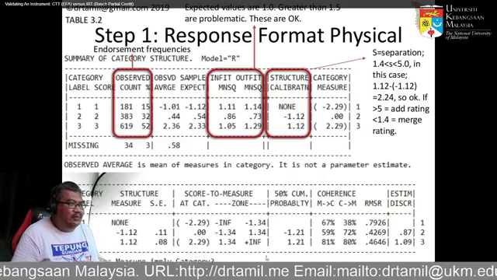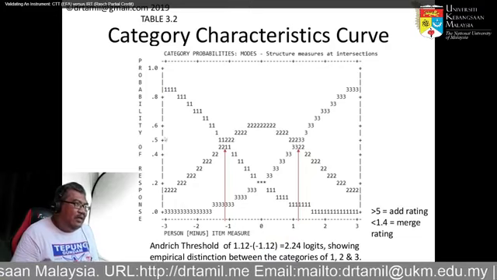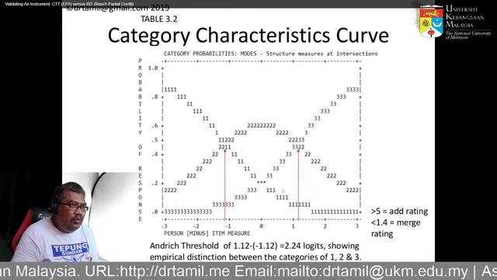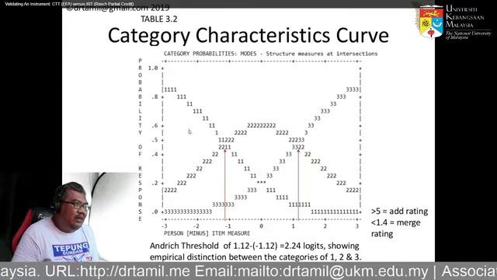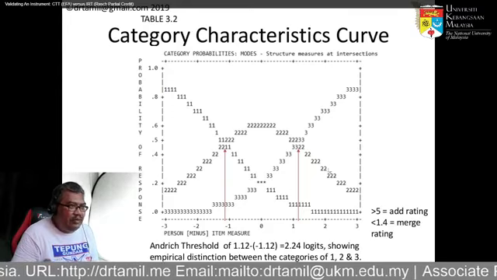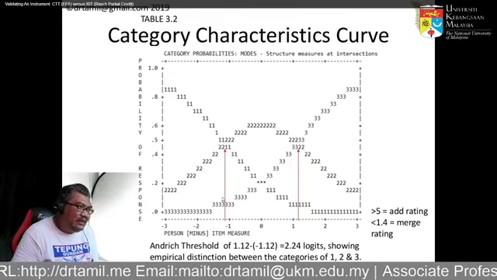What does it mean? It means that people who are answering 1, 2 and 3 can clearly differentiate what is meant by 1, what is meant by 2, what is meant by 3. You can see here there is a clear separation.